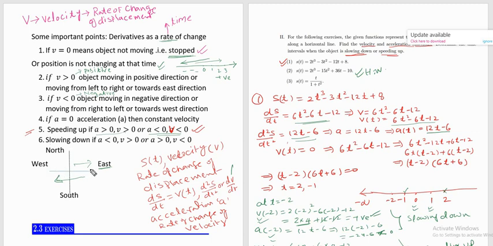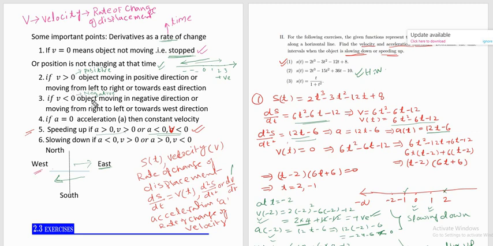And when it is moving from west to east, that means on the real number line, it is moving in the positive direction from left to right. Or you can say the object is moving east if anything is positive. And if anything is negative, it will move in this direction, the negative direction, or east to west, or simply west.